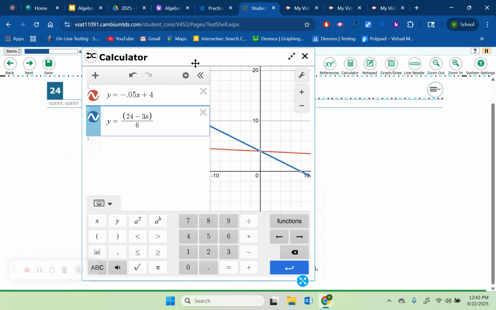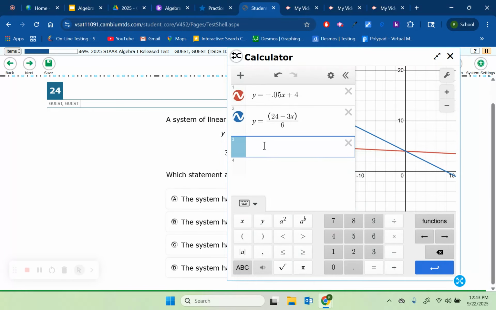I'm interested in seeing what I get when I solved it, right? How about y equals negative 1/2 x plus, I guess the question is, what is 24 divided by 6? It's 4, isn't it?